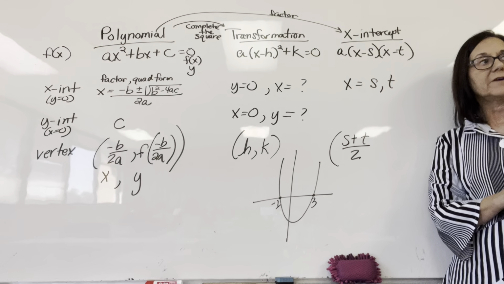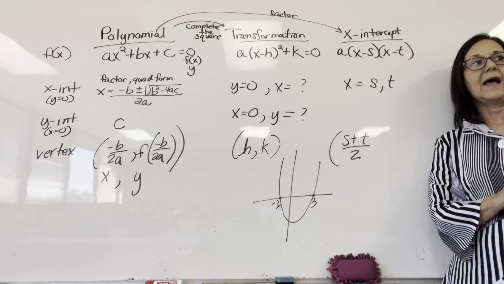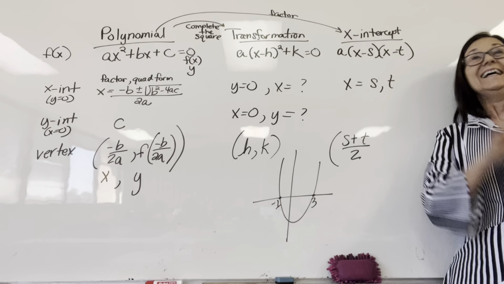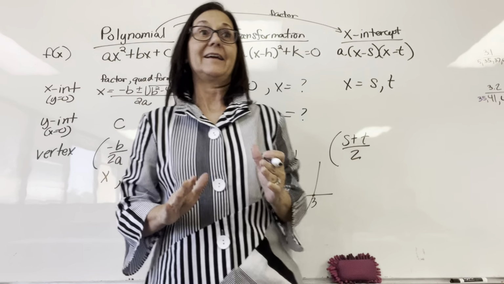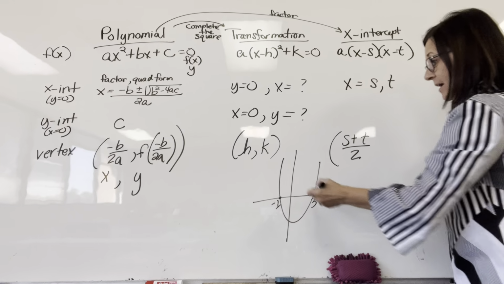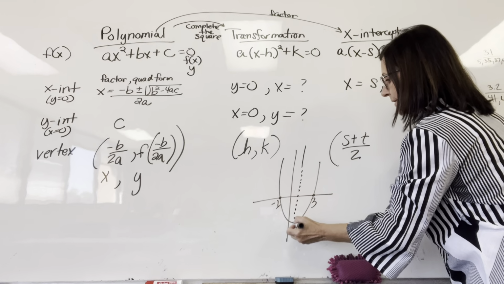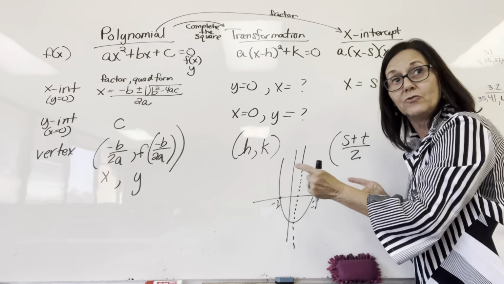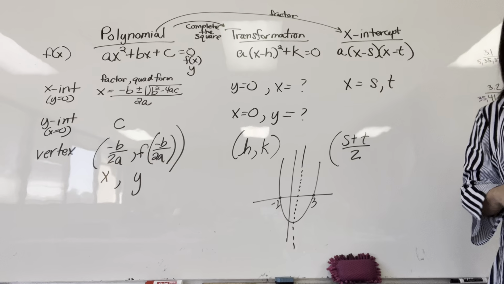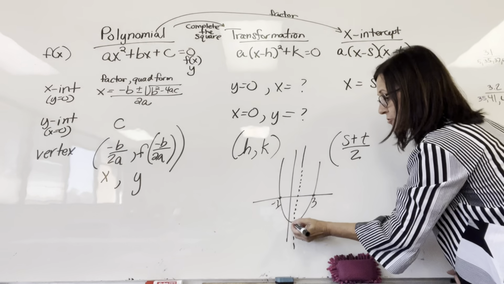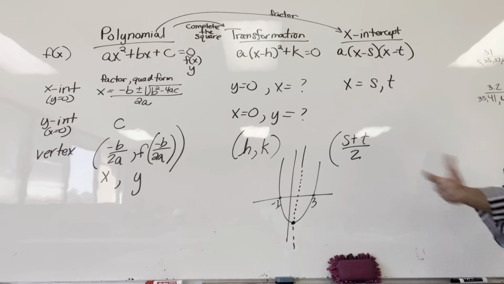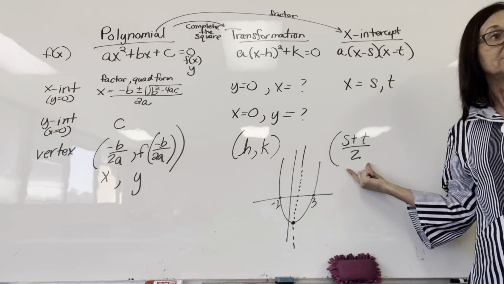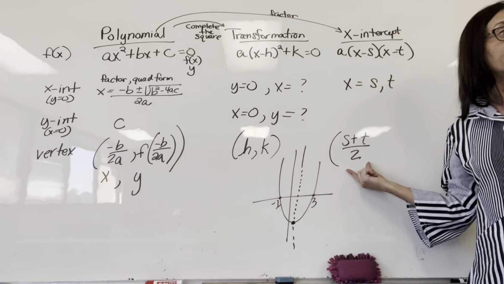What is true about every parabola? It has a line that splits it right down the middle. Yes, an axis of symmetry. So this axis of symmetry has to be right in between those two coordinate points. And the axis of symmetry always goes through the vertex. So I can take the average of the x-intercepts and find the x-coordinate of the vertex.